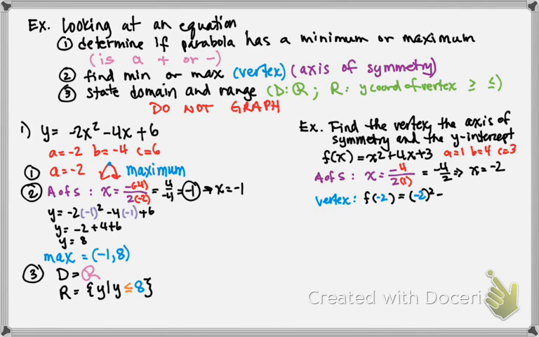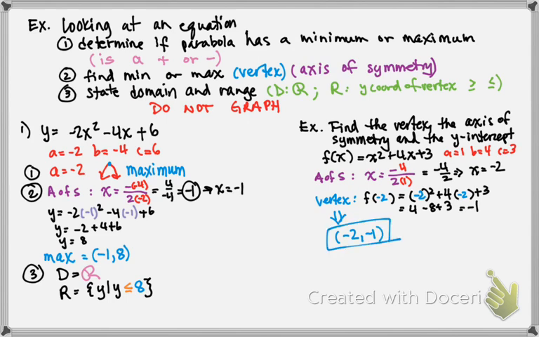So negative 2 squared plus 4 times negative 2, and then plus 3. So that's going to give me 4 minus 8 plus 3, which is going to give me a grand total of negative 1. Okay, so then my vertex is equal to negative 2, negative 1. So that's the first one.